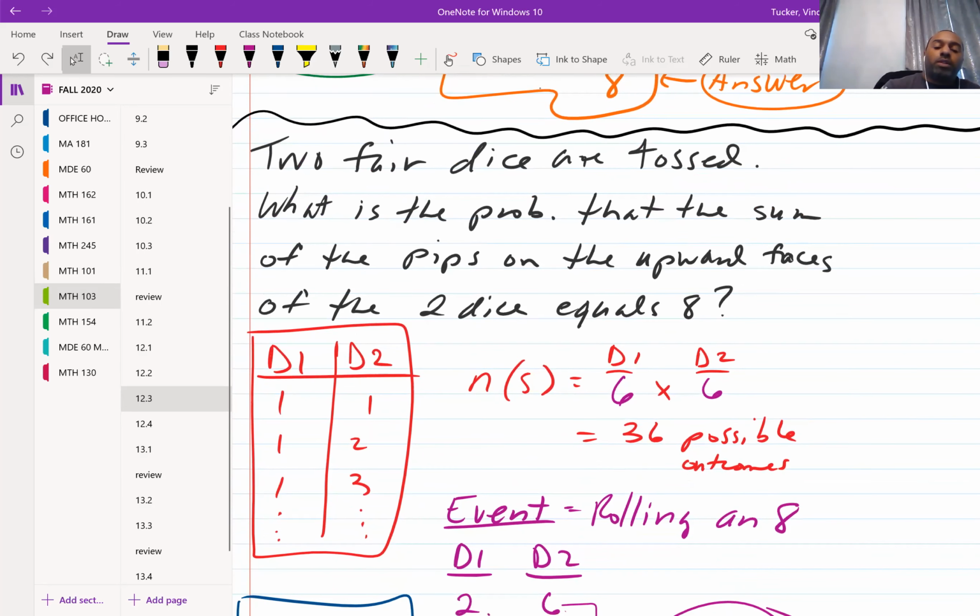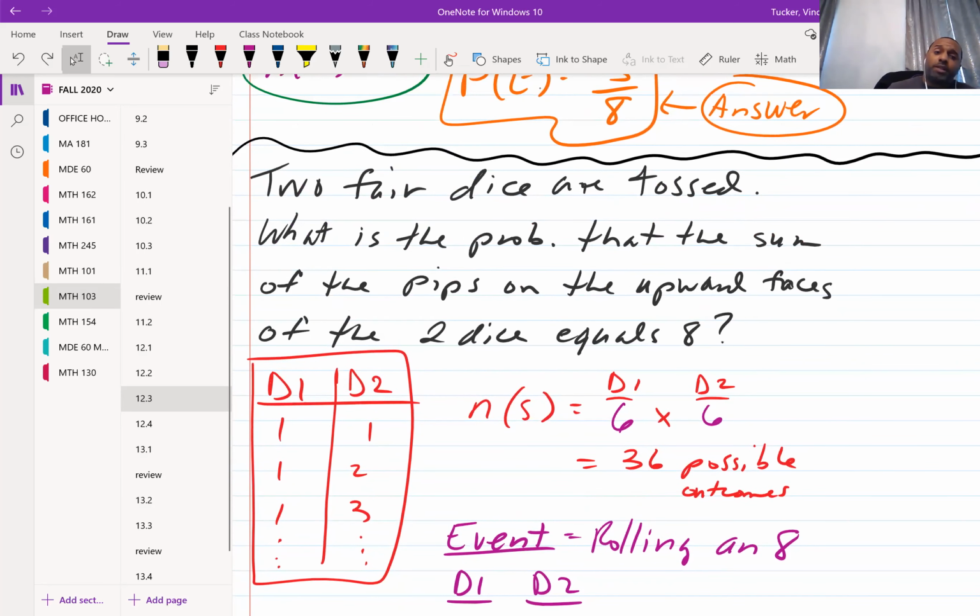So the first thing we want to establish, just like before, is our sample space. When we talk about establishing our sample space, we're talking about all of the combinations that rolling die one and die two can create. So in other words, you're talking about die one being one, die two being one, then 1, 2, 1, 3, 1, 4, 1, 5, 1, 6, then 2, 1.